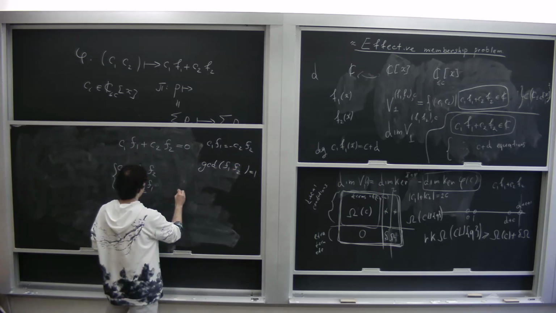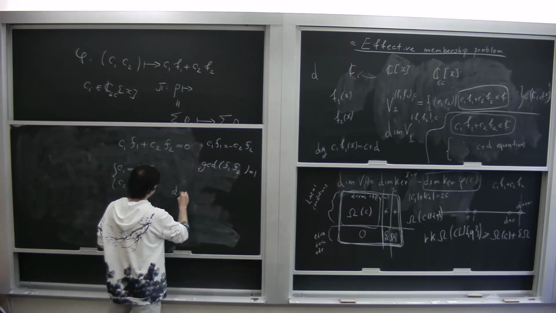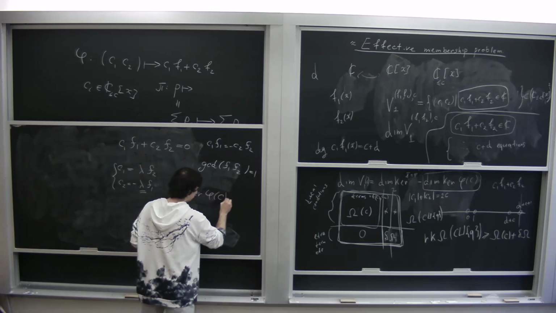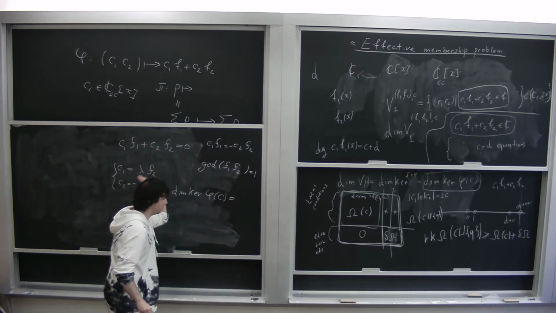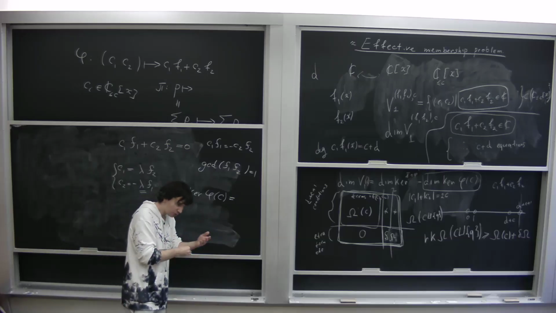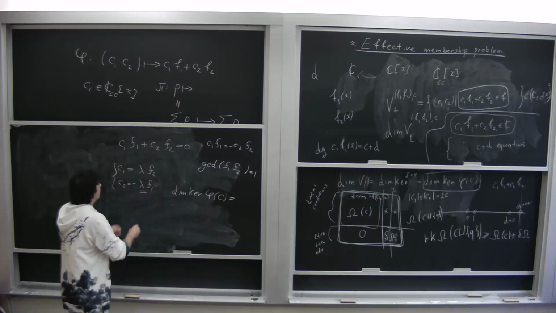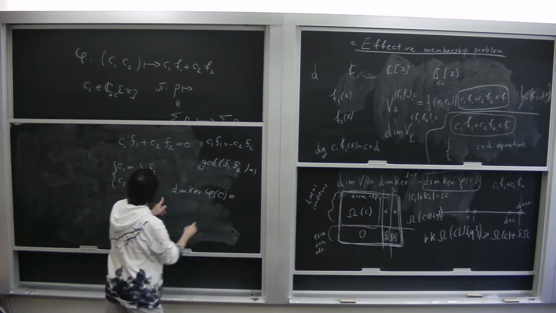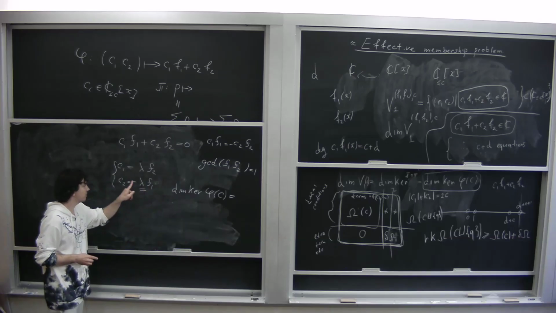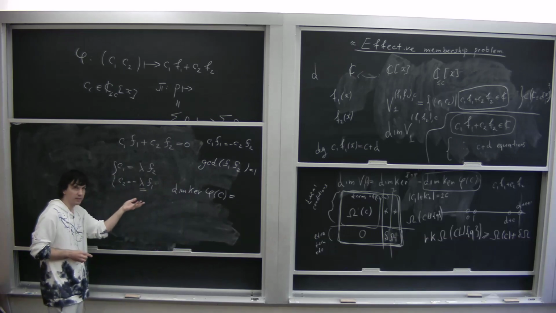So the dimension of kernel of phi of C, and we consider everything depending on C because we are playing like we try to differentiate everything, is going to be equal to just the degree of lambda plus 1.